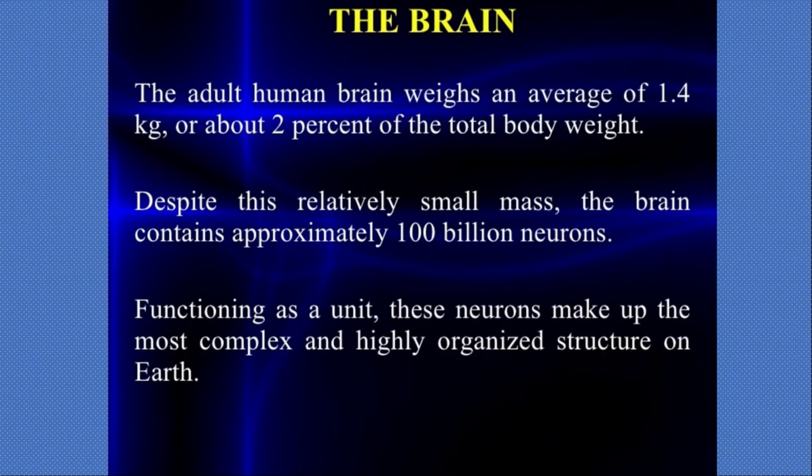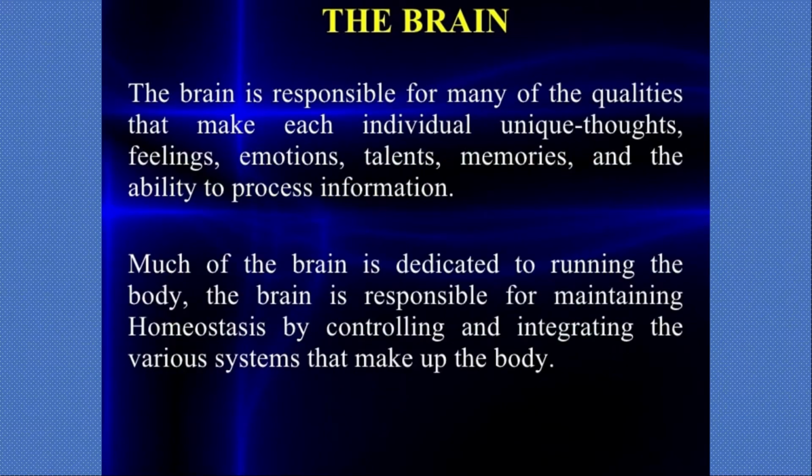Functioning as a unit, these neurons make up the most complex and highly organized structure on Earth. The brain is responsible for many of the qualities that make each individual unique: thoughts, feelings, emotions, talents, memories, and the ability to process information.